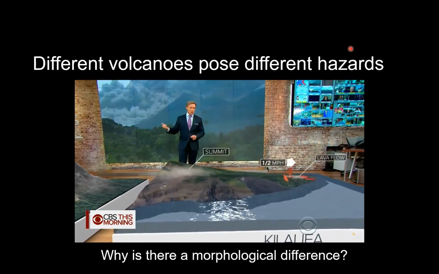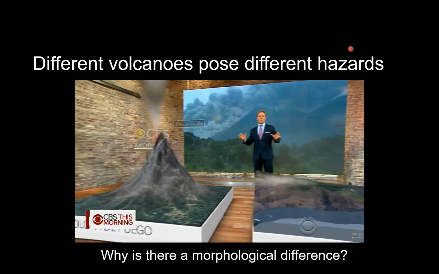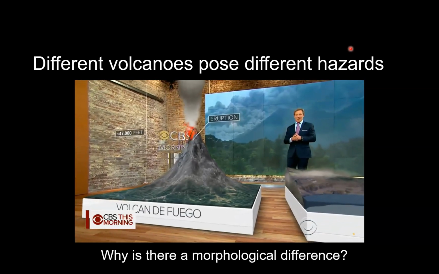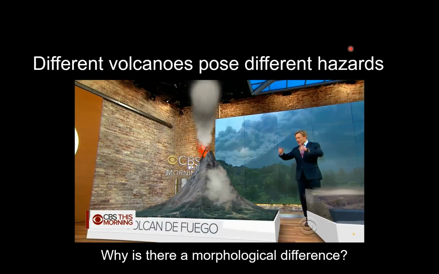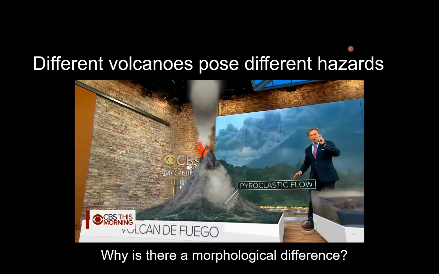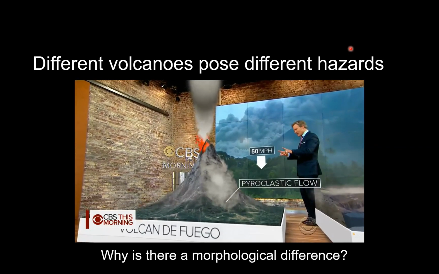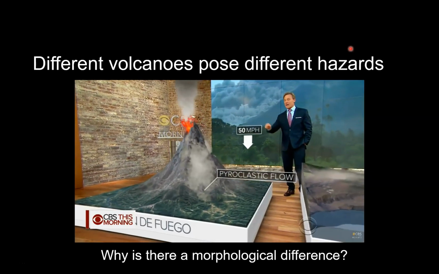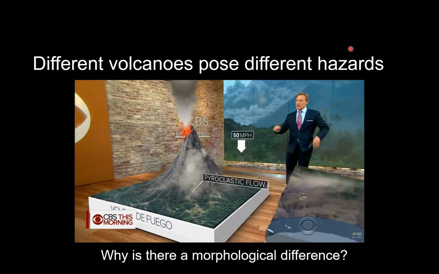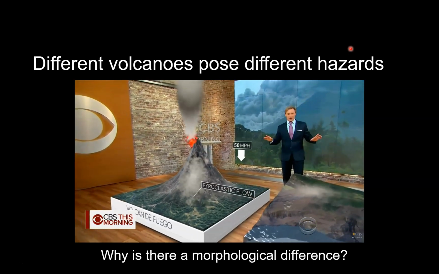The eruption from Volcan de Fuego entirely different. It reached 47,000 feet in the air. You've got to think of this as a flash flood. It's filled with rocks and ash, and it just speeds down that mountain at over 50 miles per hour. And outrunning something like this is an absolute impossibility, and people die when they can't escape it because it is over 1,000 degrees, and it is going to burn or destroy everything in its path.